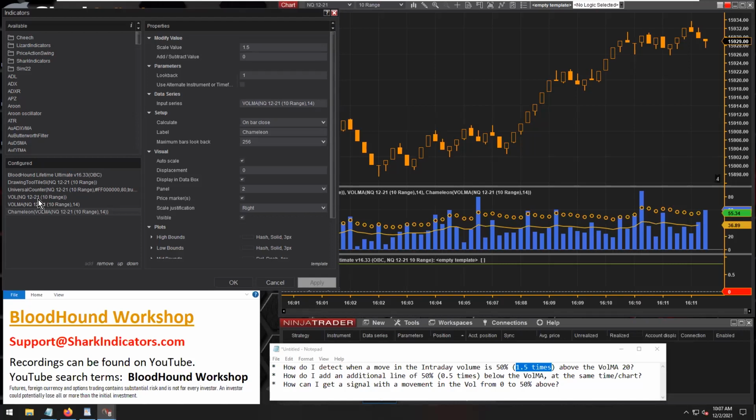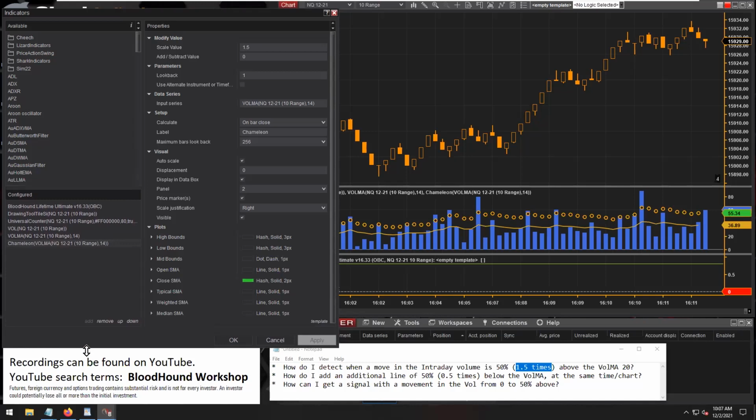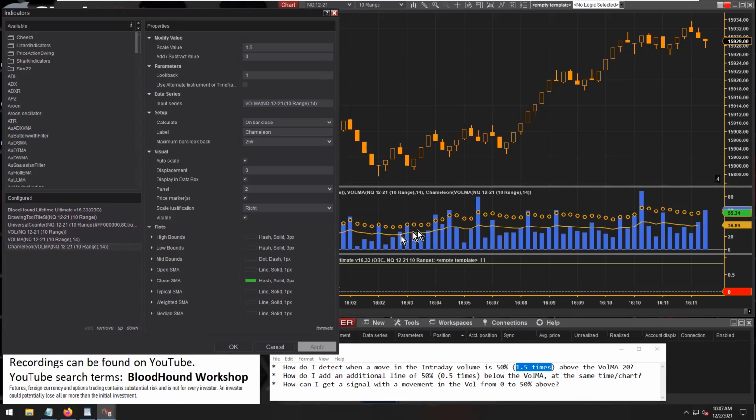And keep in mind, guys, we don't provide training for NinjaTrader, so I will show this simply because it's kind of necessary for new people to understand this. But as far as any follow-up questions on how you do things with the indicators on the chart and stuff like that, that's really questions for NinjaTrader support.